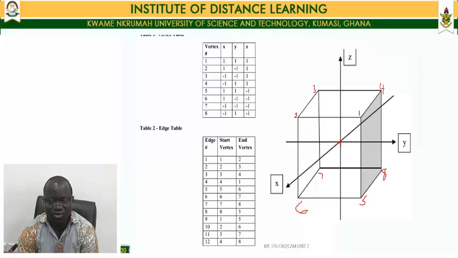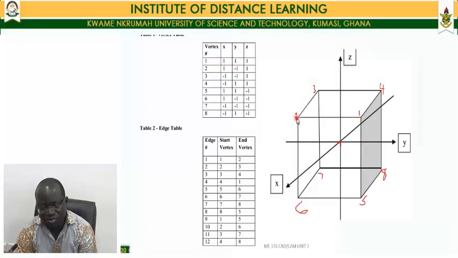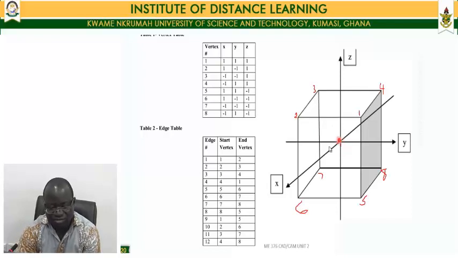So we have 1, 1, 1. If we want to go to 2, we have to go positive x, then negative y, and then positive z. So you have 1, minus 1, 1. We can use that to trace all the coordinate points, the vertices 1 to 8.